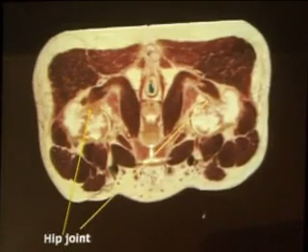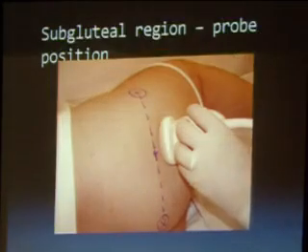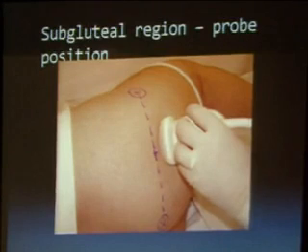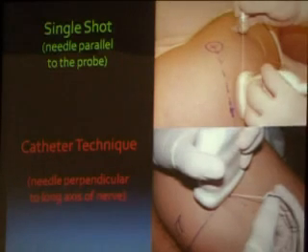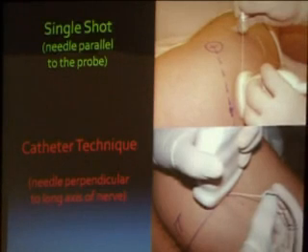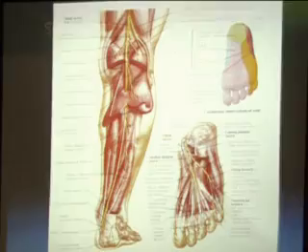Okay, and that's the position for the subgluteal block. And thanks to Dr. Chan and Anna Hiperlas for sparing this slide for me. I don't have one of these slides in my bank, where the probe will be put, and that shows in plane or out of plane needle insertion.